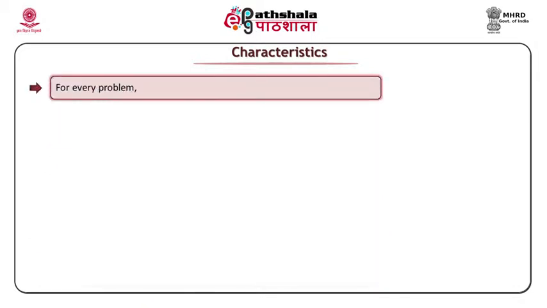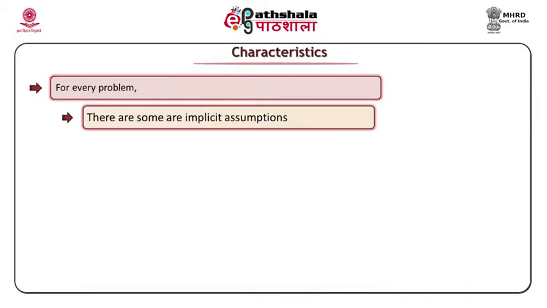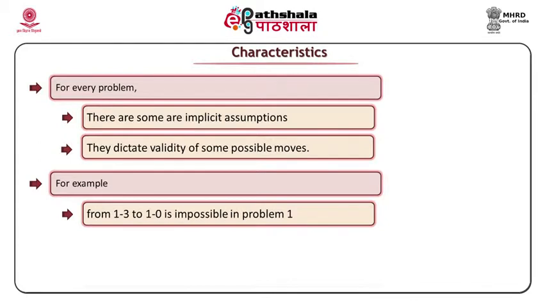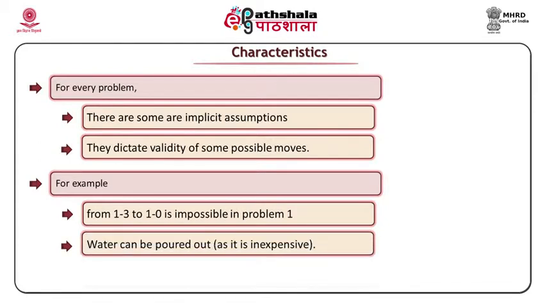Not only that, for every problem which we take, there are some implicit assumptions. For example, even when I am dealing with this most trivial of problems, we have some implicit assumptions. When we are talking about the water jug problem, we think that the water is available, and we can pour the water out of the jug. In fact, in our solution, you have probably seen there are a few places where we are just pouring water out of the jug, because water is inexpensive, which is not stated in the problem itself, but we assume that.